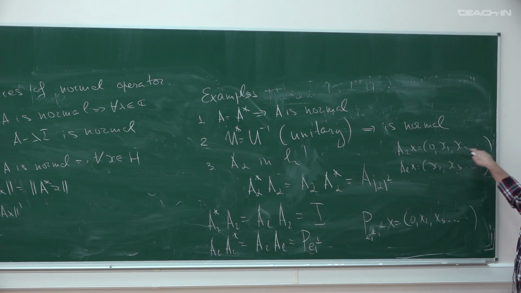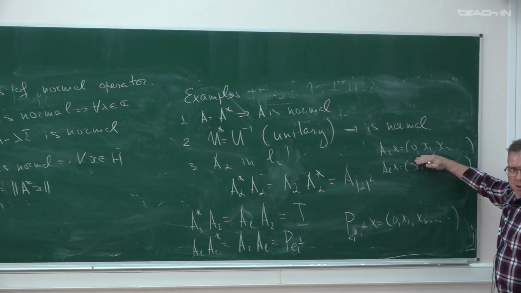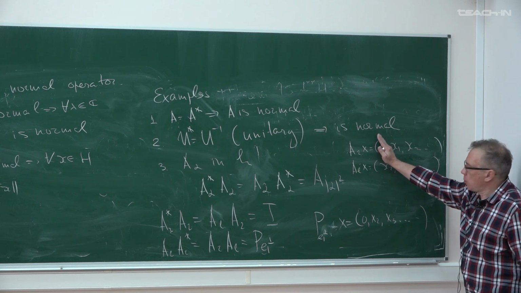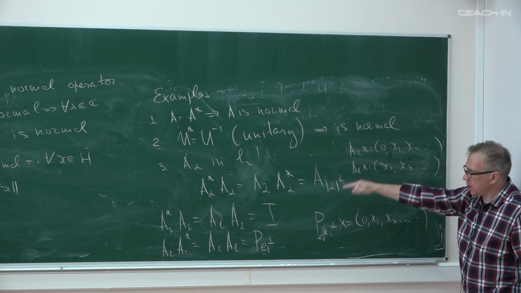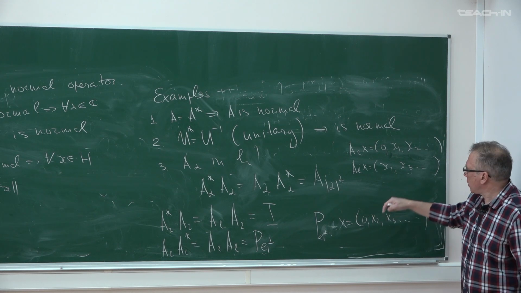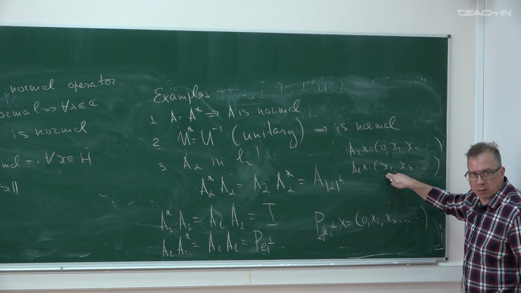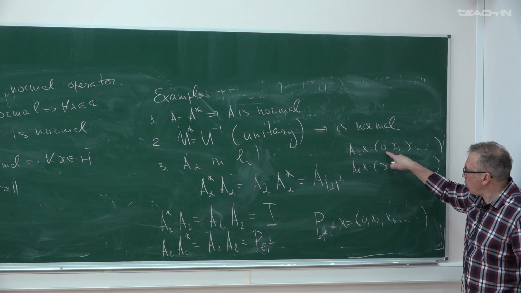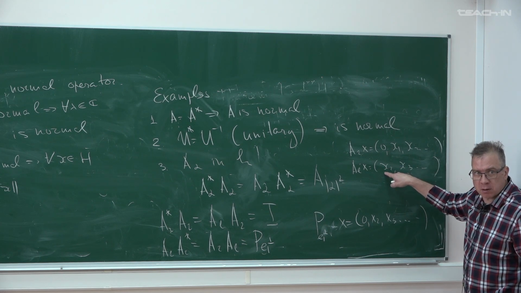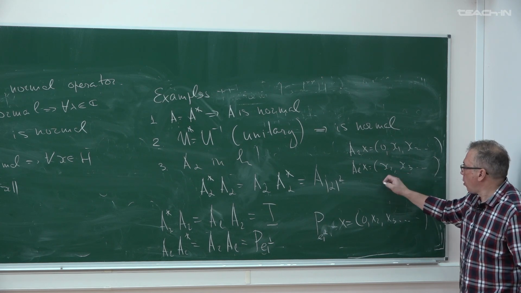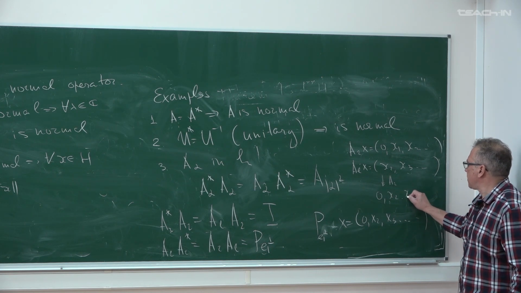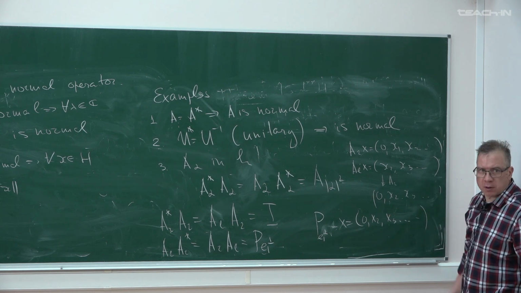If I first shift to the right, I obtain this, and then shift this sequence to the left, you take away this 0 and you obtain the identity operator. But if you first shift to the left, and then shift to the right, you put 0 as the first component of this sequence. So you obtain 0, x2, x3, and so on. So they are different.